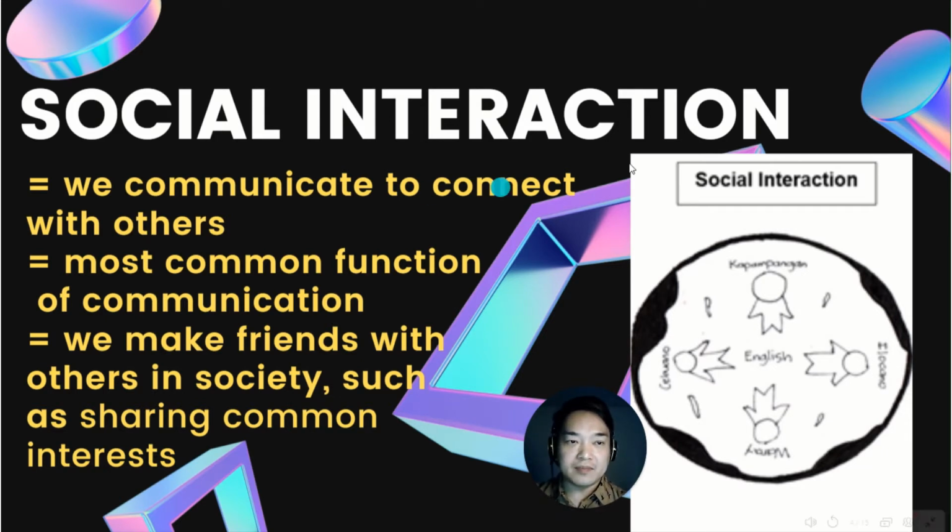So for our picture as an example, you can see here Filipinos who speak different languages like Kapampangan, Ilocano, Waray, and Cebuano, but they talk with each other to be friends with each other and to socially interact with other people.